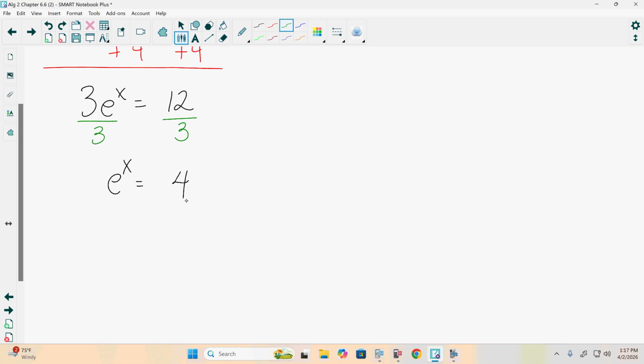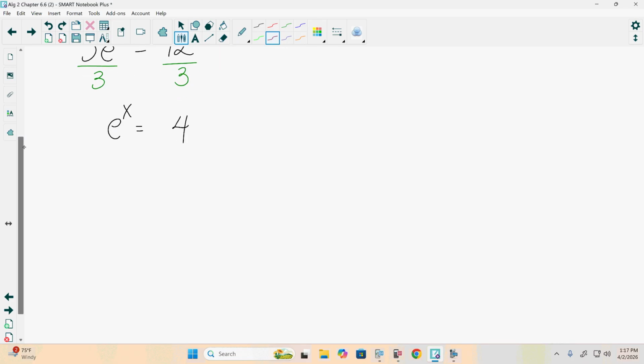We have one base on either side, so we can now apply the natural log, our ln, to both sides. The x would move to the front. Really, natural log of e is just 1.